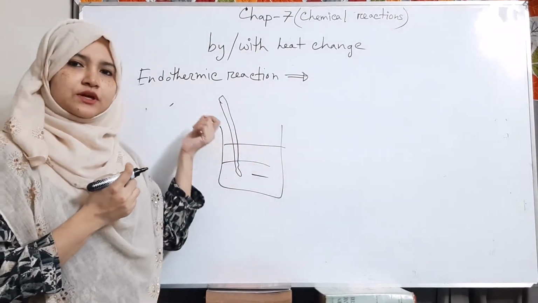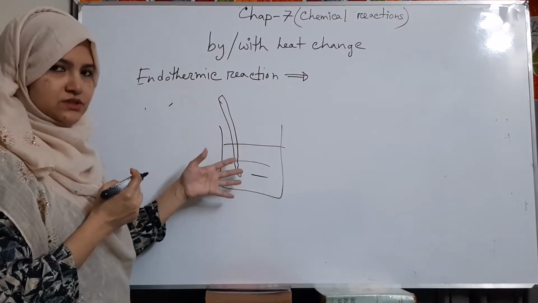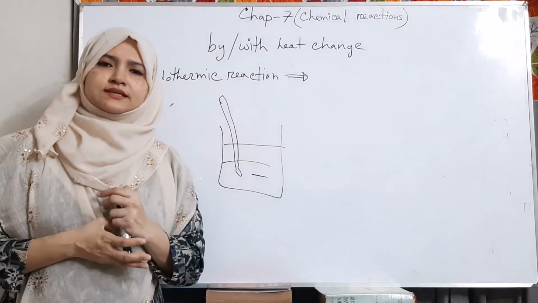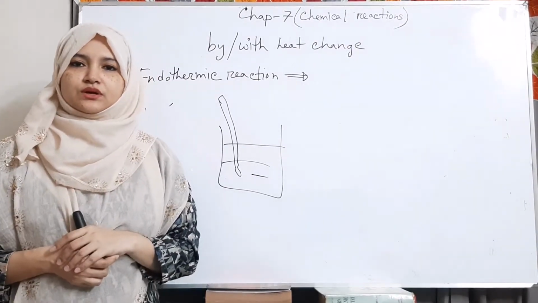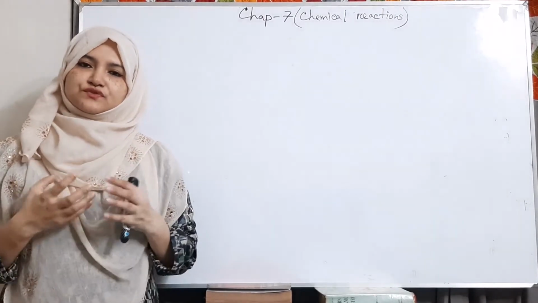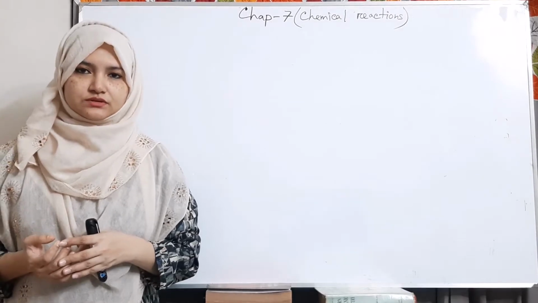And if we see the temperature decrease during the reaction, then we can easily say this reaction is endothermic. Now I will discuss the classification of chemical reactions according to electron transfer.